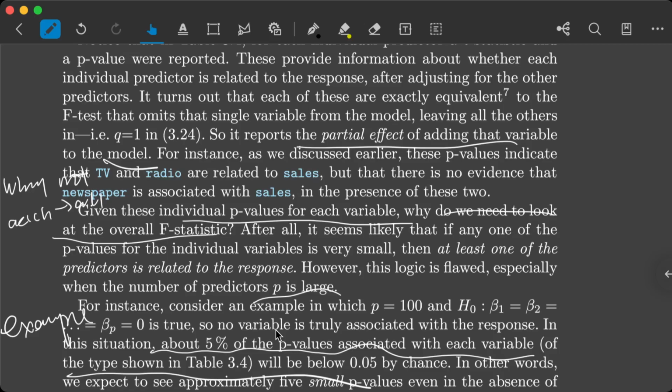So when we have a very large p, like p is 100, in most cases we would have around 5% of the coefficients with a p-value lower than 0.05. That's the meaning of the p-value.